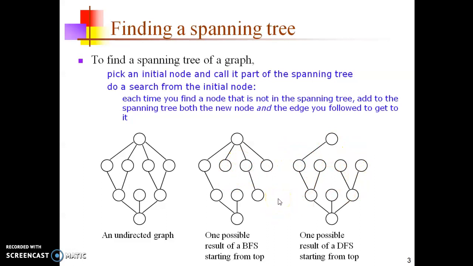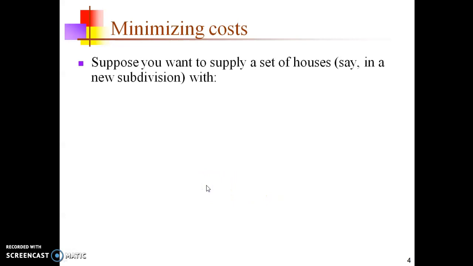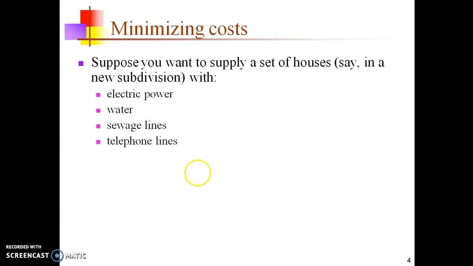There can be many spanning trees, but what we'd like to do is minimize those. Like if you're building a set of houses in a subdivision and you want to connect the electricity, the water, the sewer lines, the telephone lines, any other lines, you'd also want to maybe do it underground so it looks really cool.